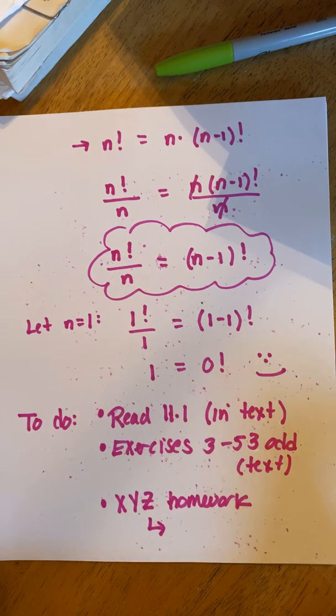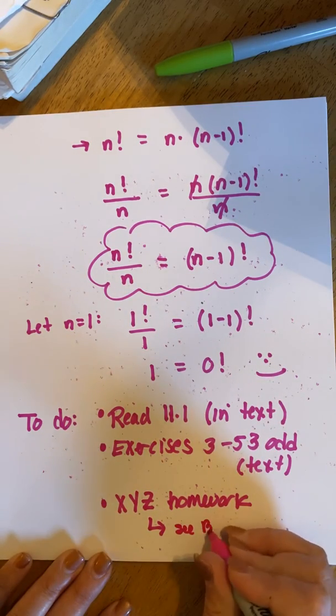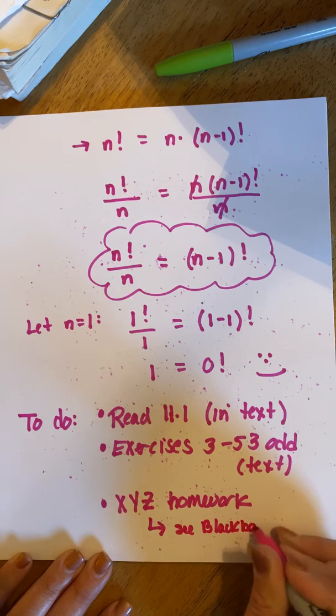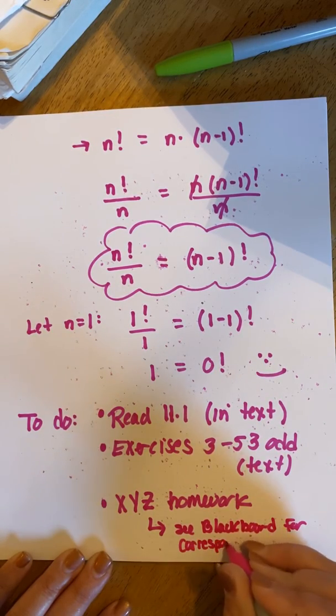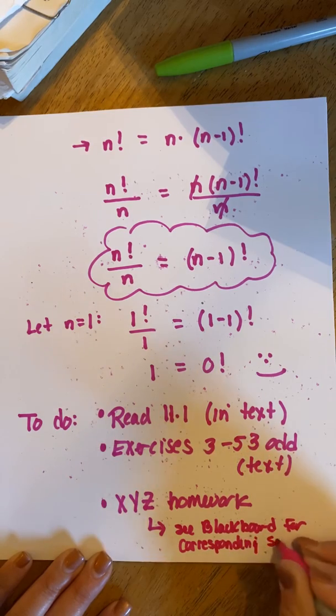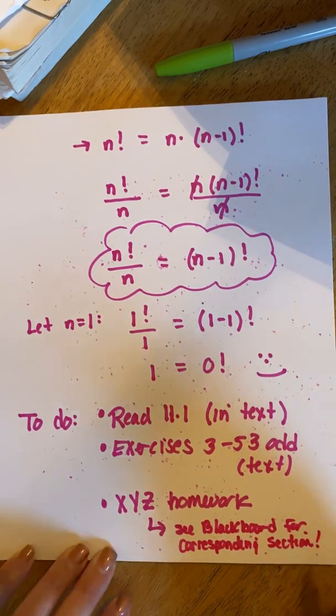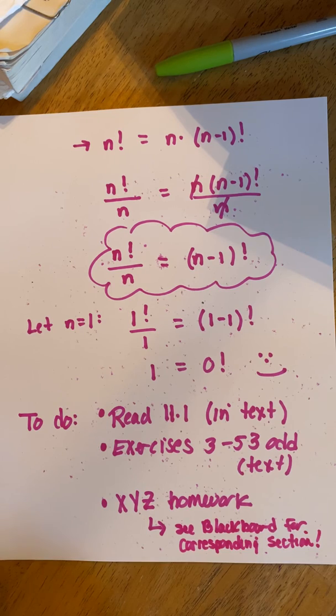It's in the announcements. I gave you a table that connects the two. So let's see. No, boy, it's way off. All right, so see Blackboard for corresponding section. I believe it's 5.1, but my Blackboard's doing weird things right now.